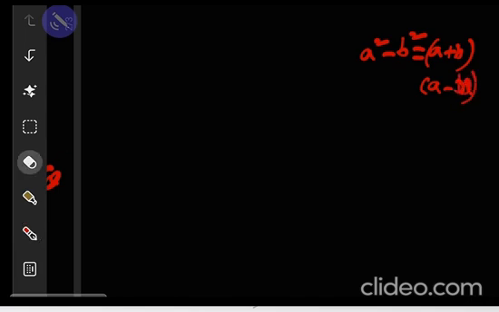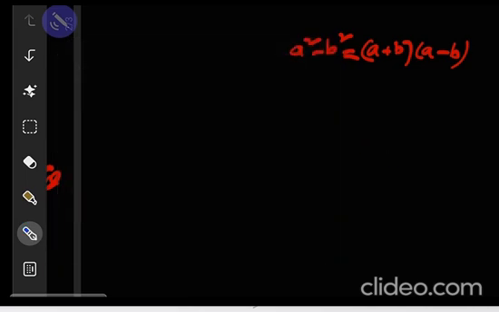So a square minus b square is equal to this much, we know.